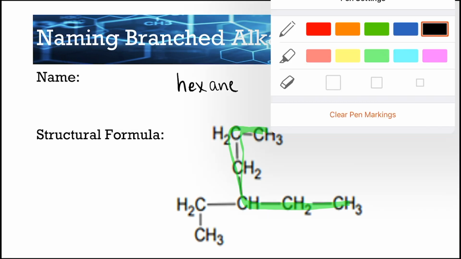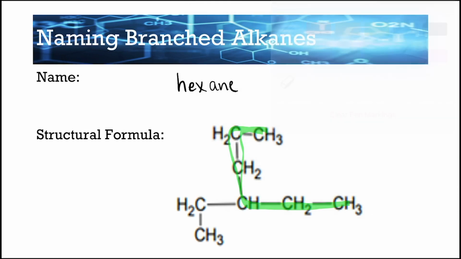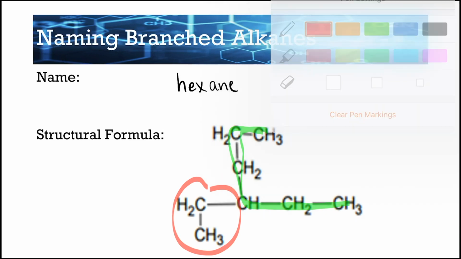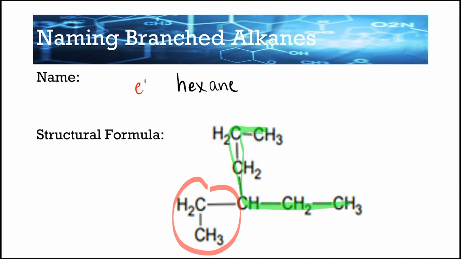Now we've named everything in green. We have to name that branch. That branch has 2 carbons in it, and that is your ethyl group. Remember, eth means 2 carbons, and YL is the ending you give to the branch name.